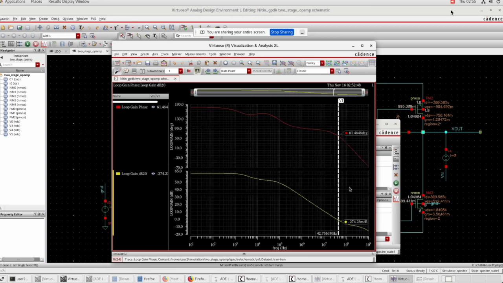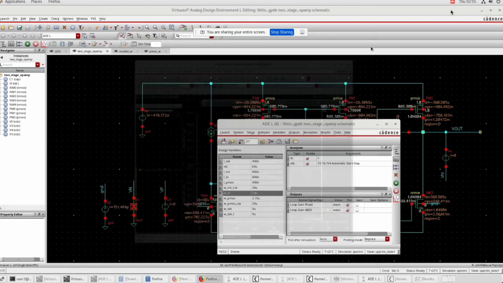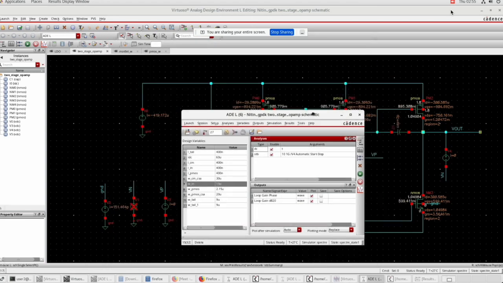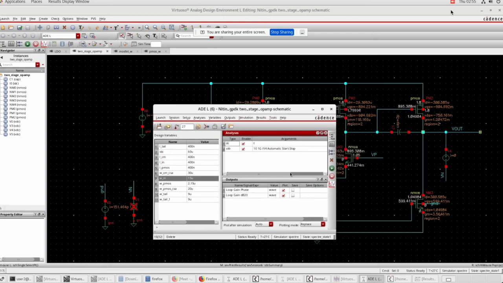So from this we can say the phase margin is around 62 degrees. So we can use either the stability summary or the Bode plot to analyze the phase margin of the circuit. And now I'm going to use this OPAMP to build an LDO.